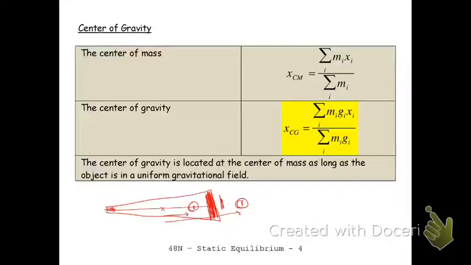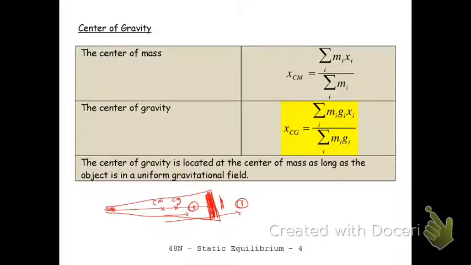Whereas if I go 5 Earth radii out, that 1 kilogram probably only weighs about 6 newtons. So it's no longer equivalent. What we find is that if my center of mass is there, my center of gravity will actually be more towards one side than the other. We've got to figure that out.